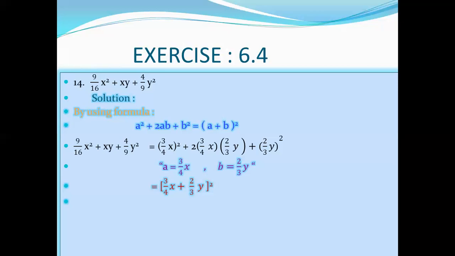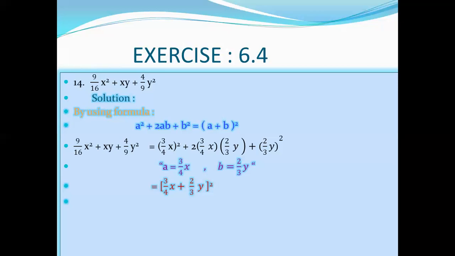No change over there. So first we find a and b. According to our question, a will be: 9 is the square of 3 and 16 is the square of 4, so 3 over 4x. Then come to the last term: 4 is the square of 2 and 9 is the square of 3. So b will be 2 over 3y. Put the values in the formula.